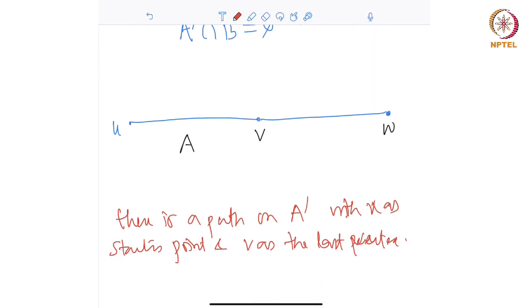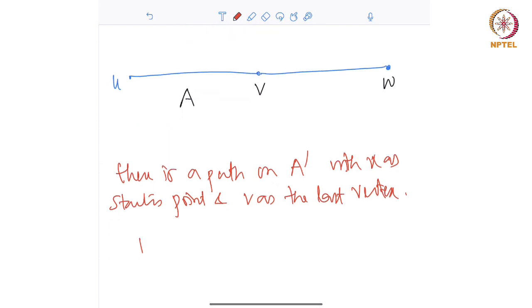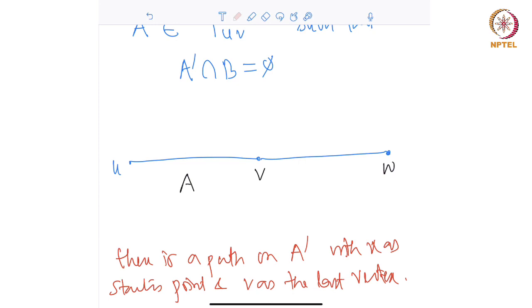Let that path be P. So all I know at this point of time is that look at that path.